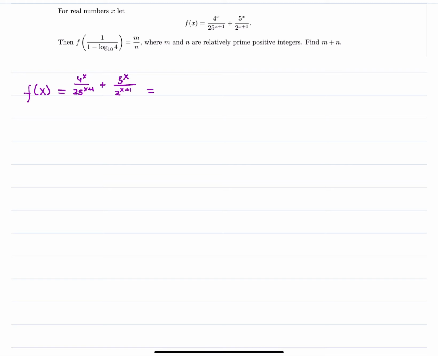Right here, I'm going to try to simplify this as much as I can, so that I can plug in 1 over 1 take away log base 10 of 4 instead of x and solve it easily.